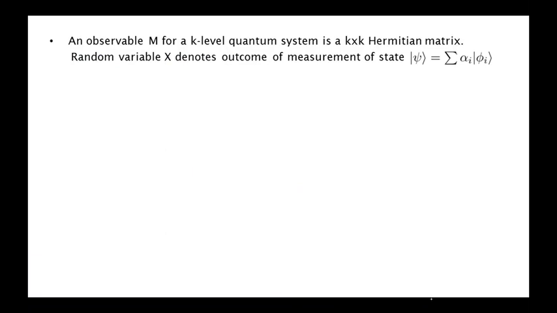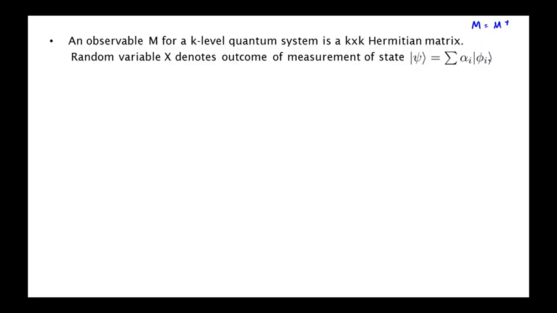So let's say that we have an observable M. M is a Hermitian matrix, so M equal to M dagger. It's a k by k Hermitian matrix. And let's say that we have a quantum state of our system, which we now write in the eigenbasis of M. So we write it as summation alpha i phi i.